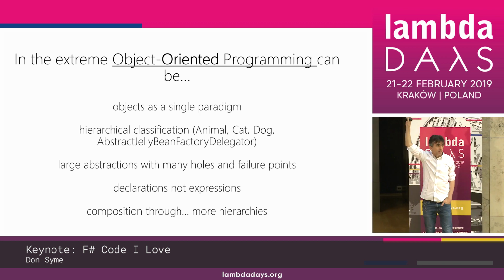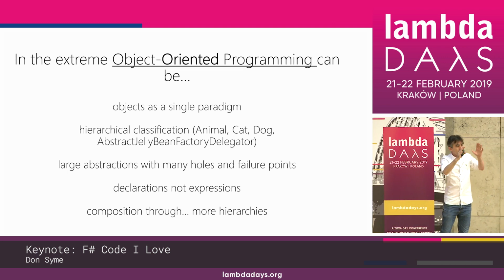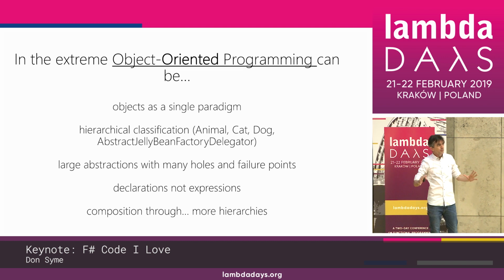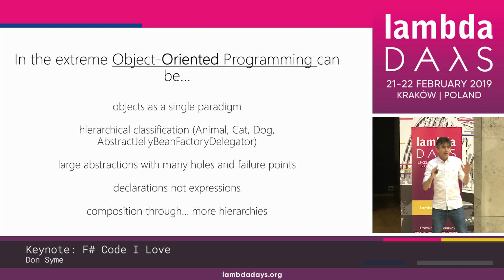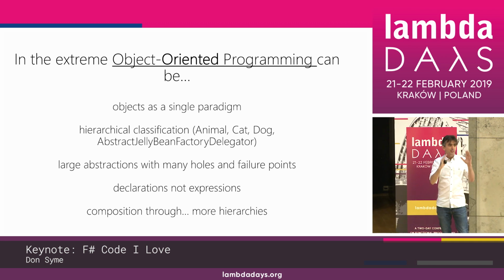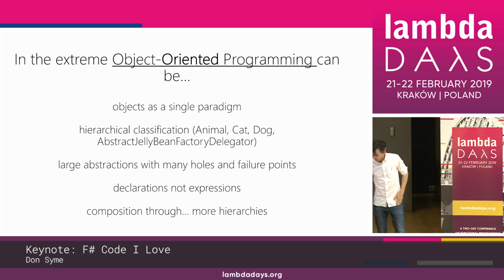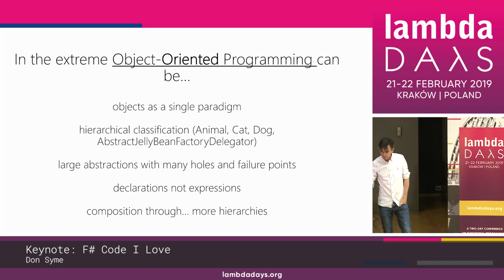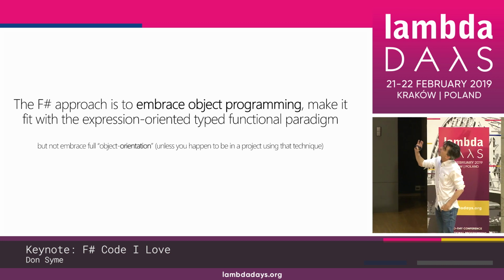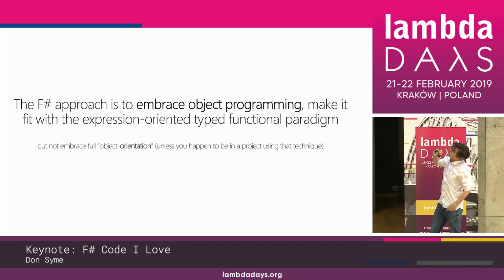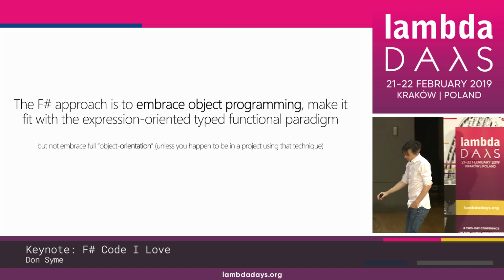And crucially, when you do implementation inheritance, you're making something that's already complex even more complex. That's the definition of implementation inheritance, and that's what I really dislike. It doesn't have the simplifying, encapsulating effect that a good object or object programming should have. So the F# approach is to embrace object programming, make it fit with the expression-oriented paradigm, but not full object orientation.